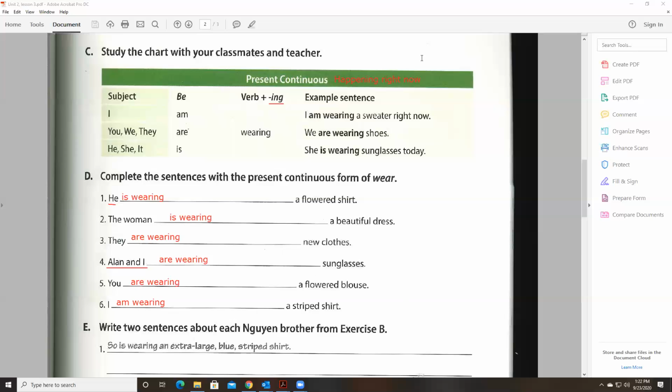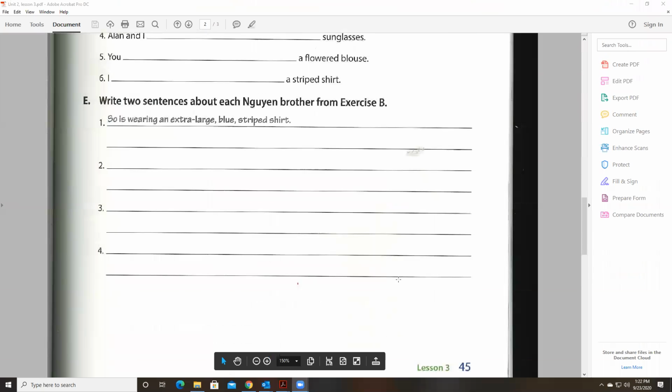All right. So, bottom piece where it says write 2 sentences about each Nagayan brother from exercise B. This you will do on your own. So you have these 2 right here, you have these 2, and these 2. You need to write 2 sentences about So.